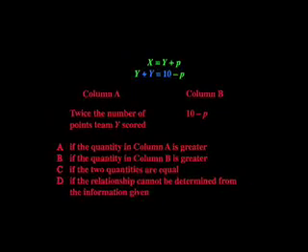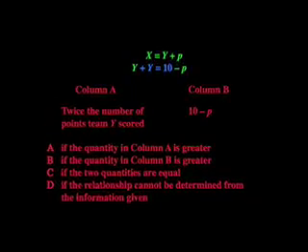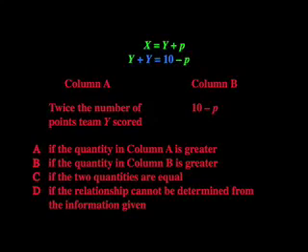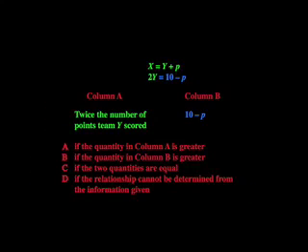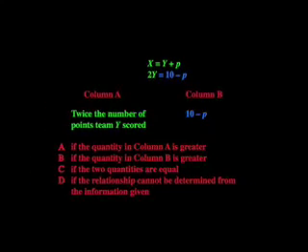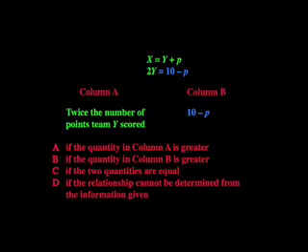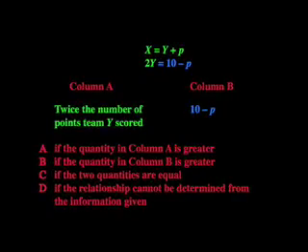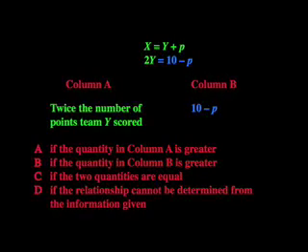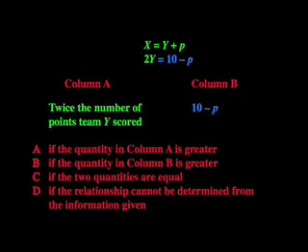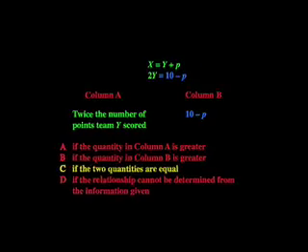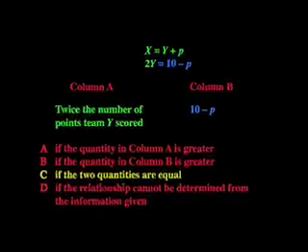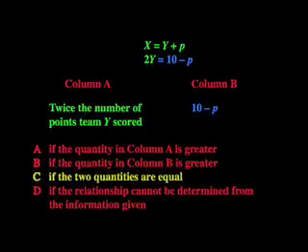When we isolate the Y's on the left side of the equation, we get Y plus Y equals 10 minus P. Now we have an equation 2Y equals 10 minus P that matches the information in the two columns. Twice the number of points Team Y scored equals 10 minus P. So our equation proves that C, the two quantities are equal, is our right answer.